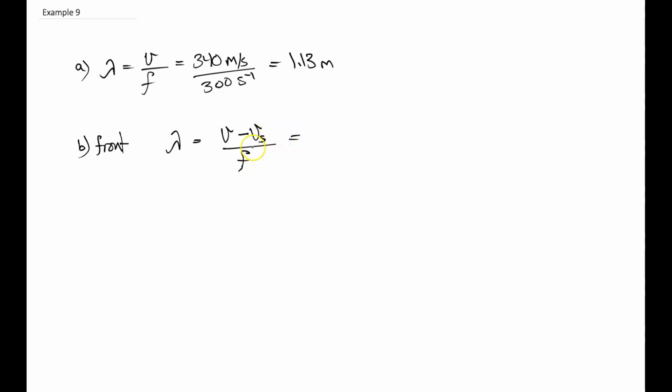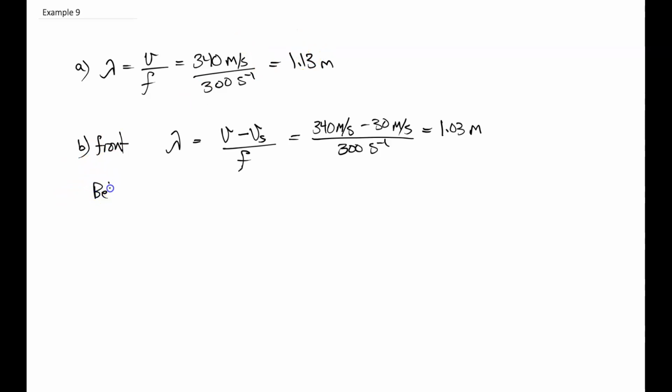And this is because it's getting away from the wavelength from the source. So this is 340 meters per second minus 30 meters per second over 300 hertz, which gives us 1.03 meters. So notice it's smaller than when at rest.